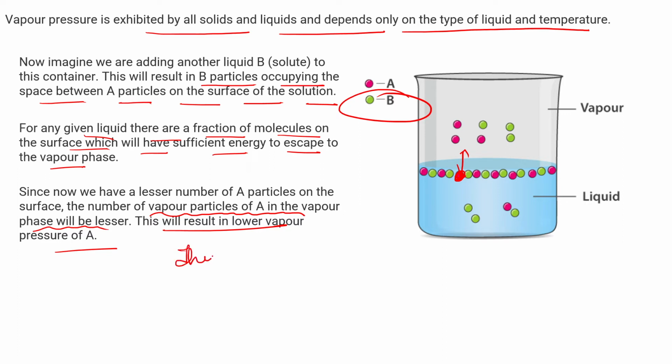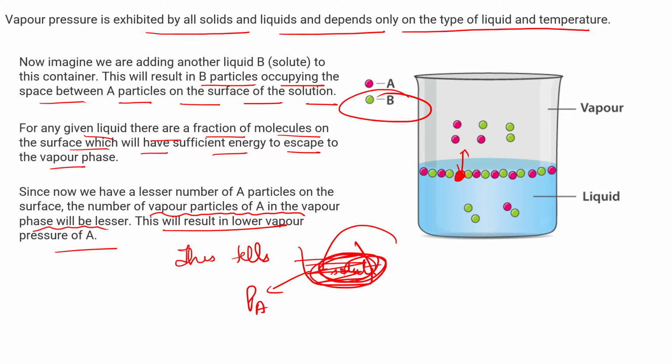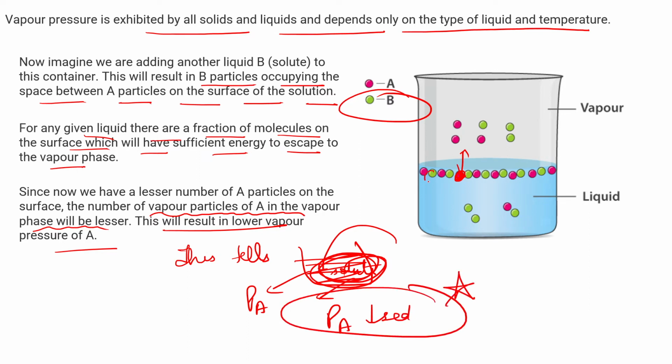This tells us that if you add some non-volatile solute to your solution having some partial pressure PA, then because of the addition of that solute, PA will be reduced. PA will decrease because these green particles, the other solute particles, will hinder the free motion of the liquid, or the pressure exerted by the pure liquid in the vapor.